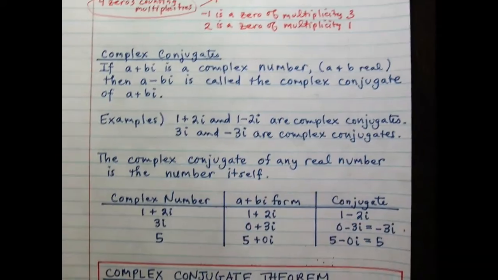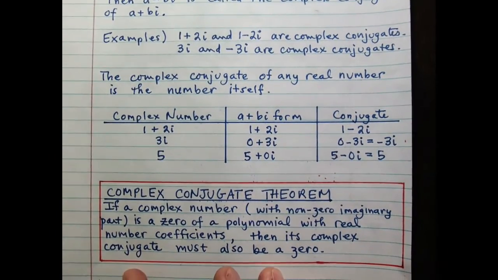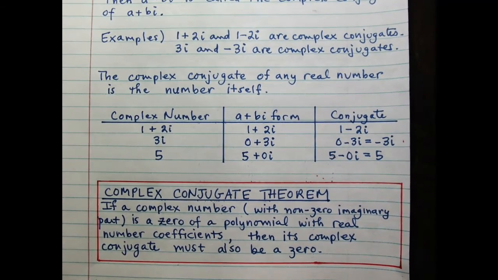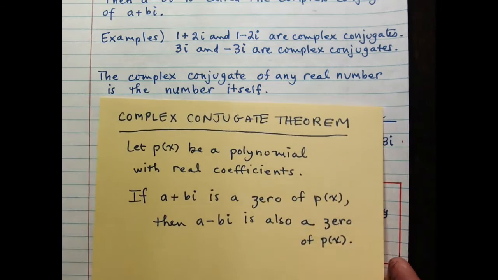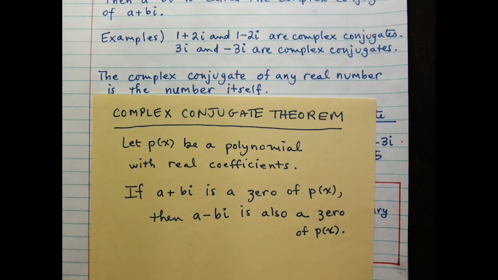Now here's our last theorem that you just got to know, and it's an important one, the complex conjugate theorem. If a complex number with non-zero imaginary part is a 0 of a polynomial with real number coefficients, then its complex conjugate must also be a 0. So I summed this up on a yellow card too, and I wrote it in my own words.